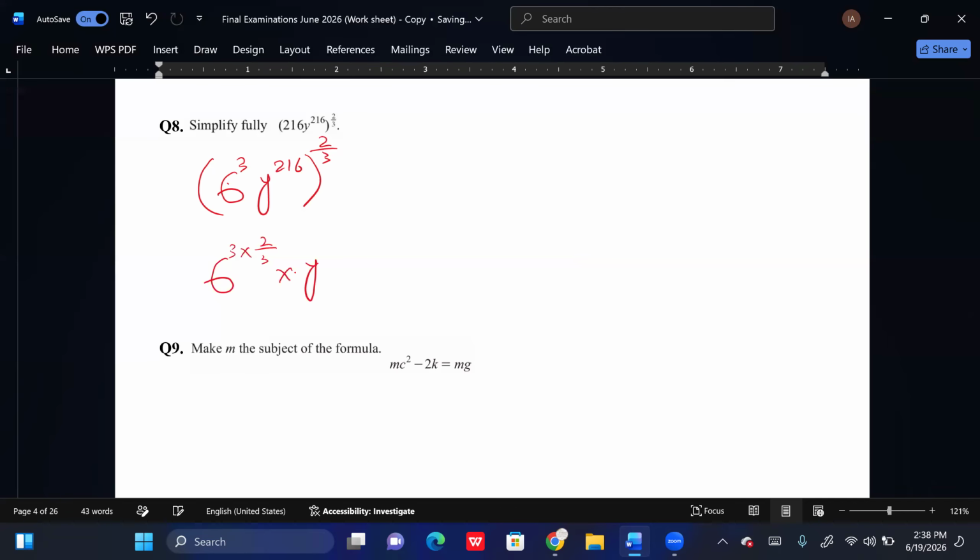Y to the power 216 upon 72. So it's going to be 6 power 1 or 2, y to the power 144.